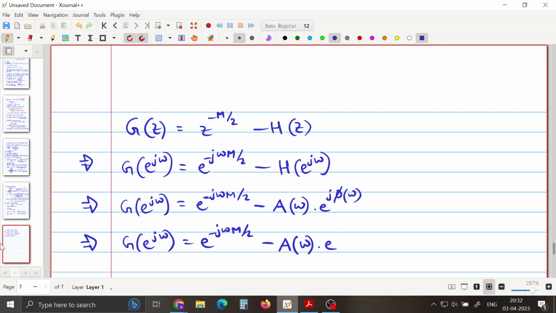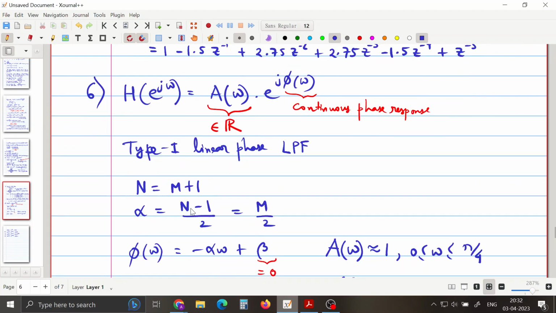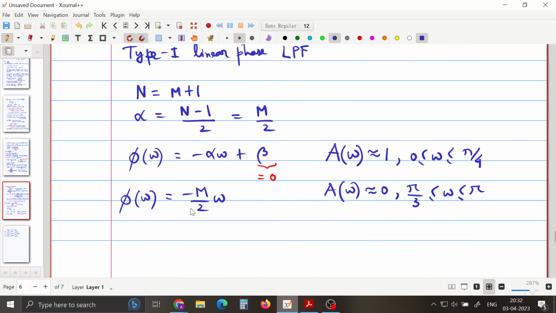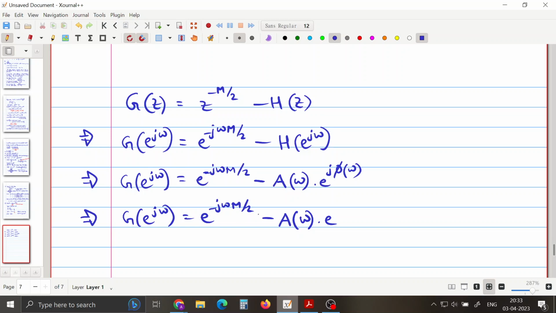What is phi of omega? We derived that it is equal to minus m by 2 omega, right? We just substituted the values of N, alpha and so on. We found that the continuous phase is minus m by 2 omega. So let's put that here.